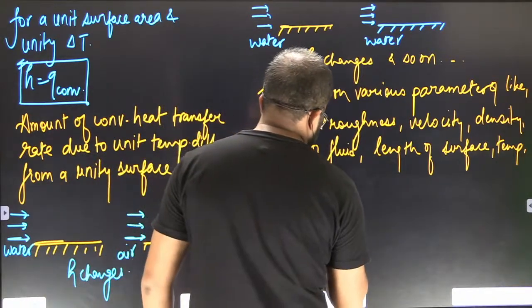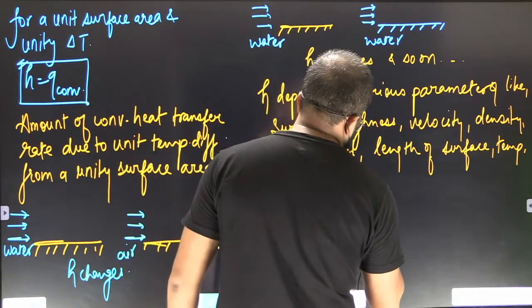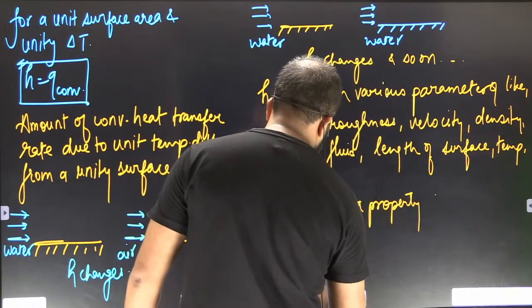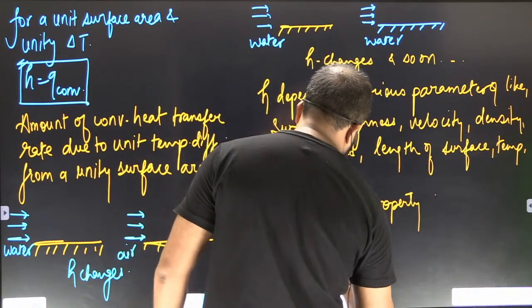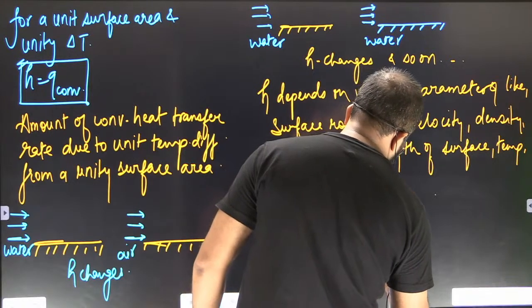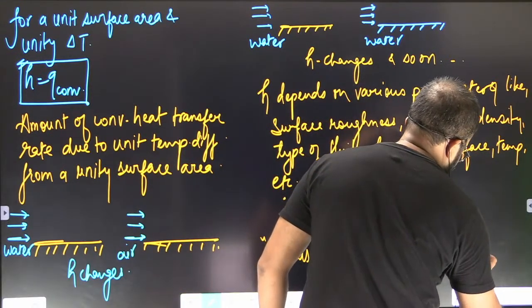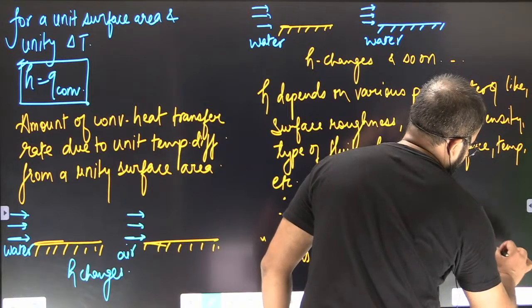Therefore, it can't be a property. Thus, convection is an empirical study. Let me establish this fact here only.